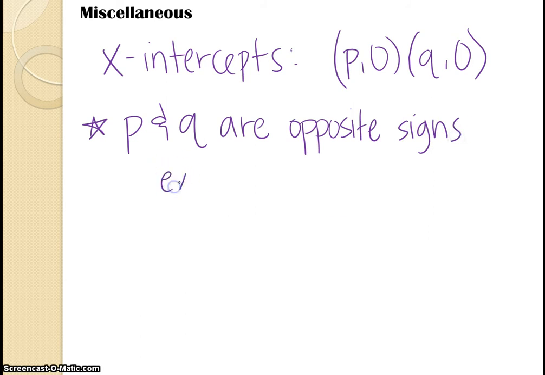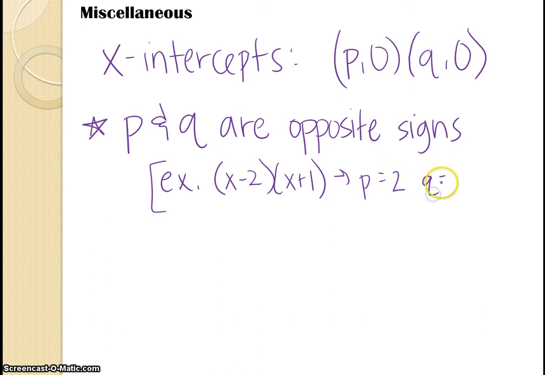Right, so for example, if we had x minus 2 times x plus 1, our p would be 2, and our q would be negative 1. Opposite signs.